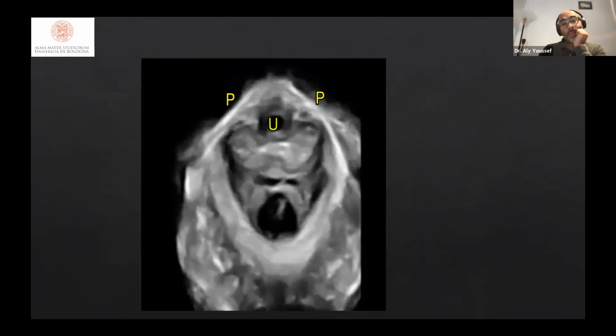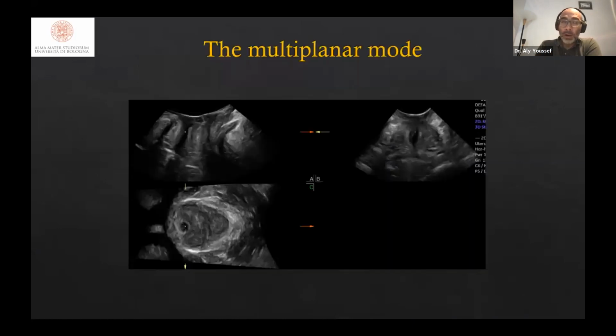And if you get that, you will see the pubic rami, urethra, vagina, and rectum, and the structure traced on the screen is the inner side of the levator hiatus, included inside the levator ani muscle.